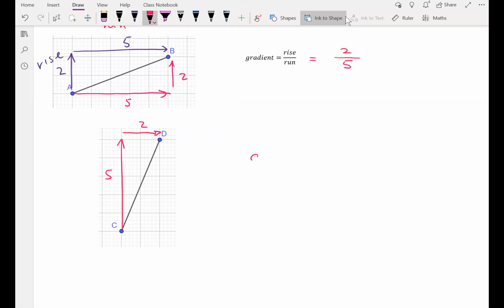So my gradient in this situation, the rise over run, is going to be a rise of 5 and a run of 2. And that's the gradient for this line. Remember, we always have to define gradient as rise over run.